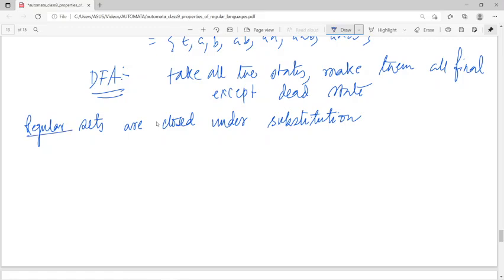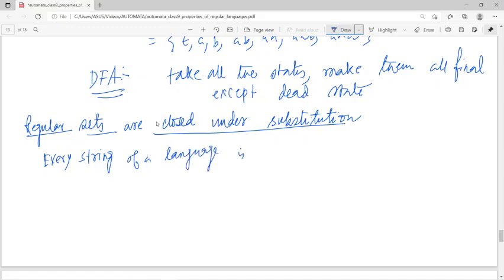What does it mean? It means every string of a language is replaced by another language, nothing but that. What does it mean?